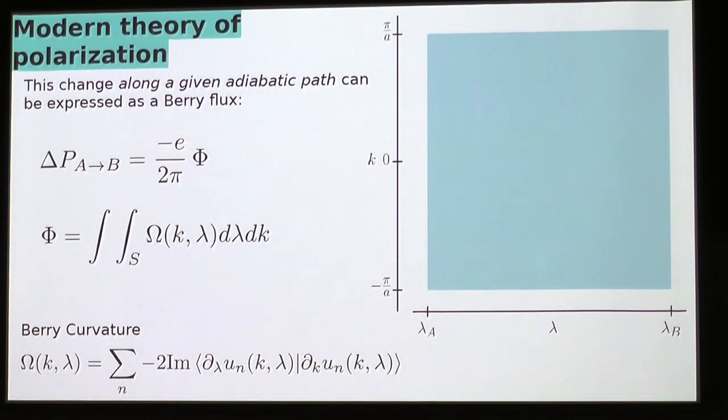And it's this quantity integrated over this k-lambda space. Here, we're in 1D, so we only have one reciprocal lattice direction, that's k, and lambda is parameterizing this switching process. So we want to compute this from first principles, and usually we don't actually have these Bloch states on this entire surface as continuous entities, so we need to make a few changes.